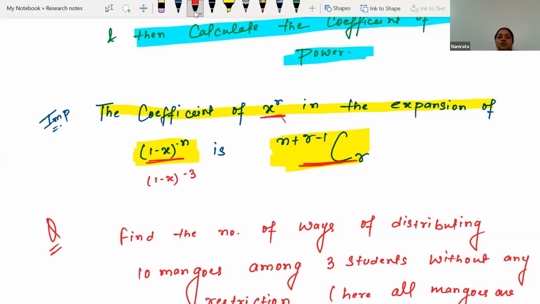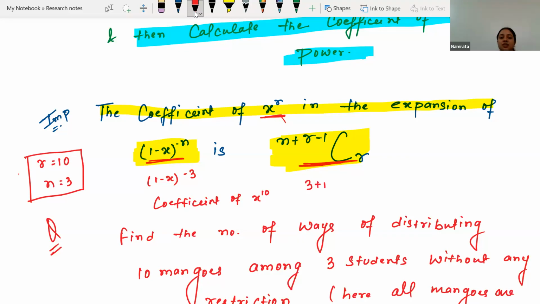And we have to find the coefficient of x to the power 10. So we can see r is 10, n is 3, right, Lena? Yes, ma'am. Let's apply the formula, which says n plus r minus 1 C r. So 3 plus 10 minus 1 C r, that means C 10.